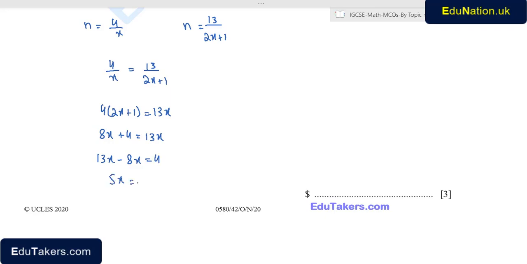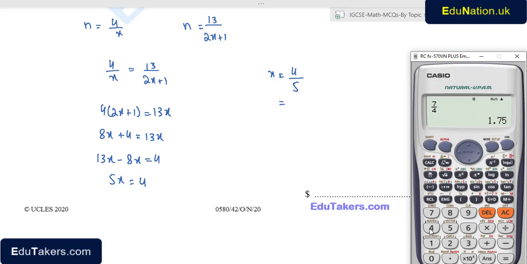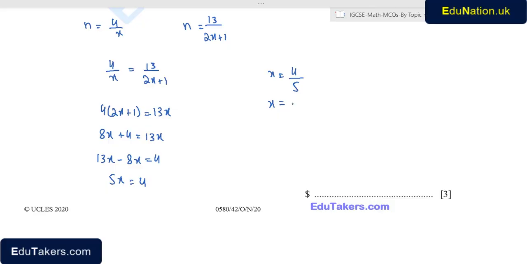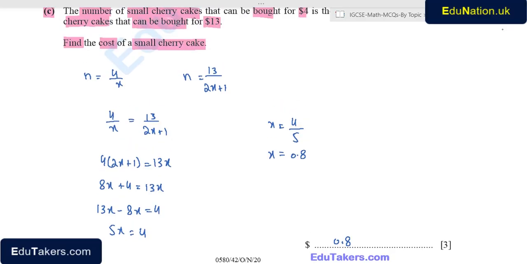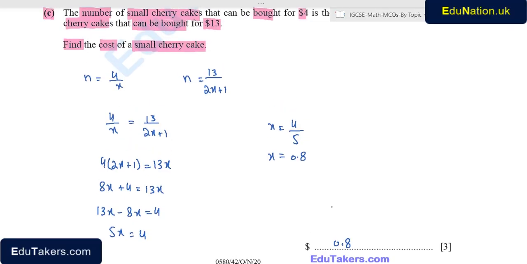Now this is 5x equals 4. So x is equal to 4 over 5, which is 0.8. The cost of a small cherry cake is $0.8.